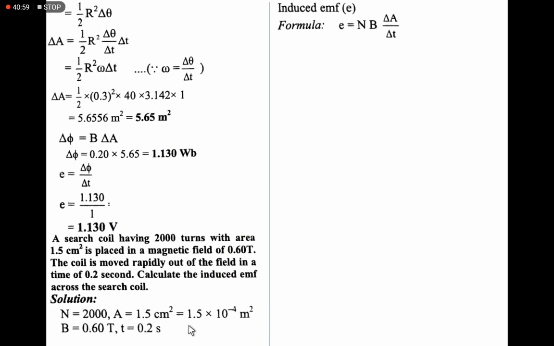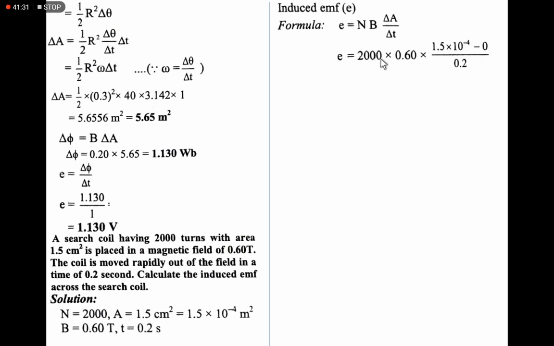We know that E is equal to number of turns, B, and B is the strength of the magnetic field, and area with respect to time. So delta A by delta T. Use the values and we'll get the EMF induced in the search coil.